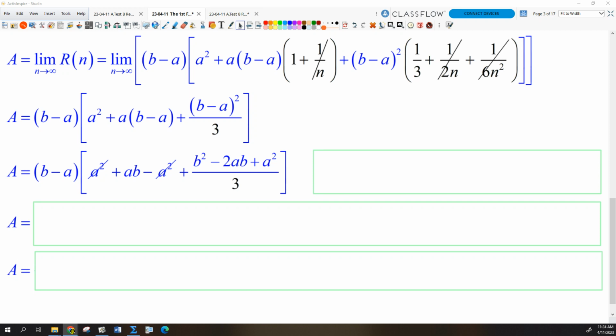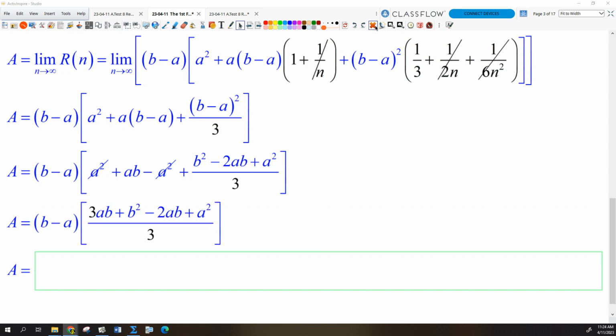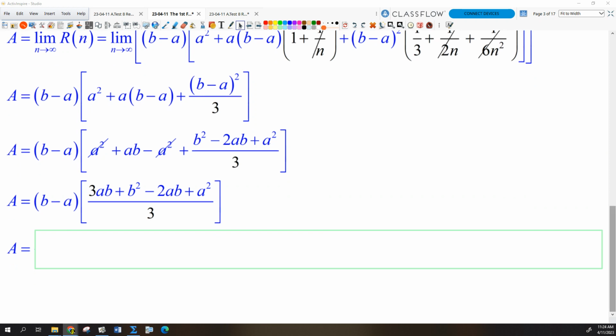If I want to get a common denominator, I'm going to have to multiply top and bottom by 3. So that's going to be a 3ab over 3, right? So I get that. Agreed? Combine like terms. And what does that look like? 3ab minus 2ab is just minus ab, right?